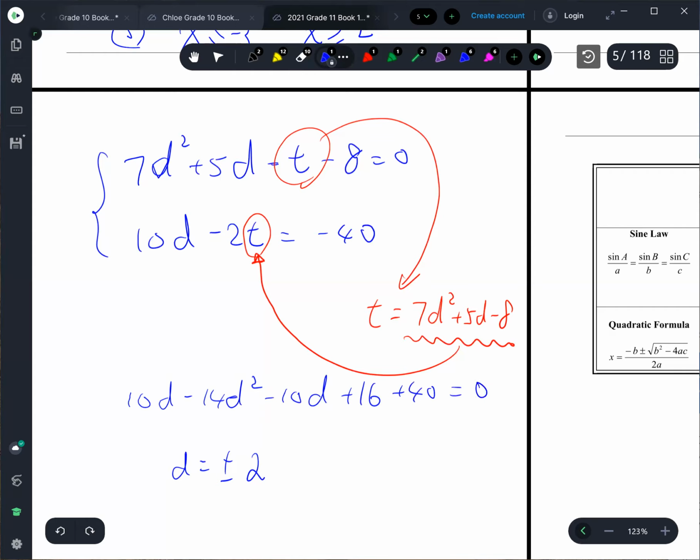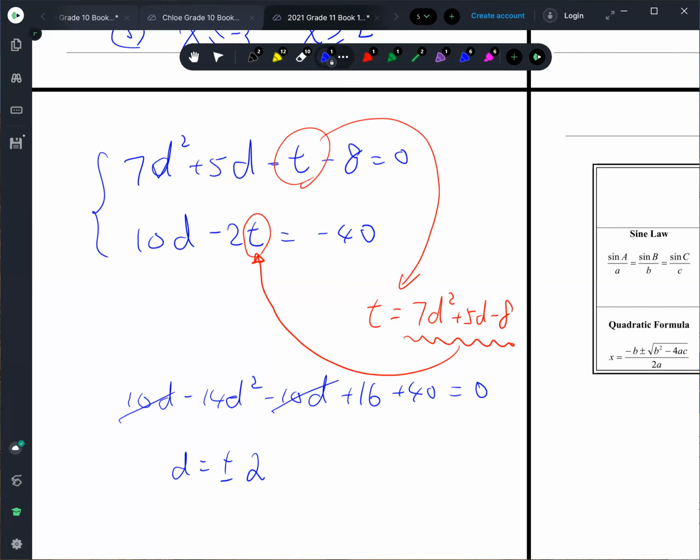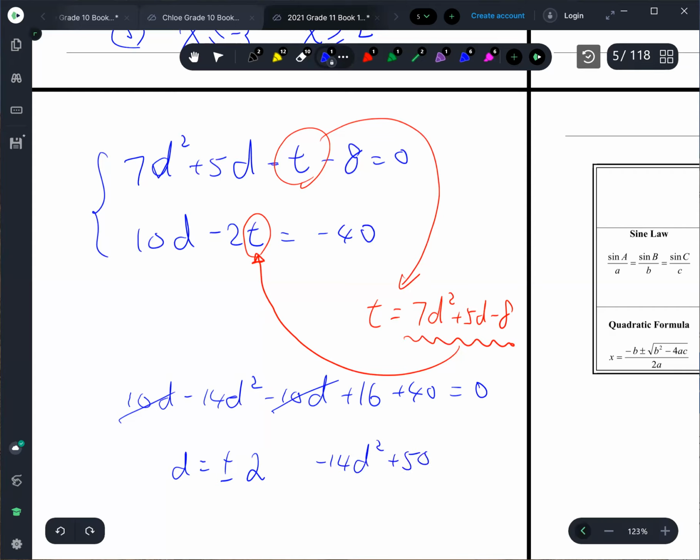Okay, looks good. And I canceled the 10d's. Good. So it would be negative 14d squared plus 56 equals 0. Then move 56 to the other side.